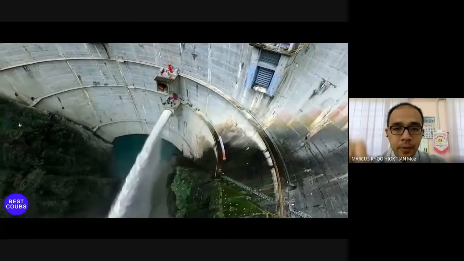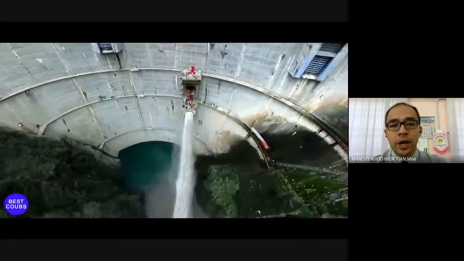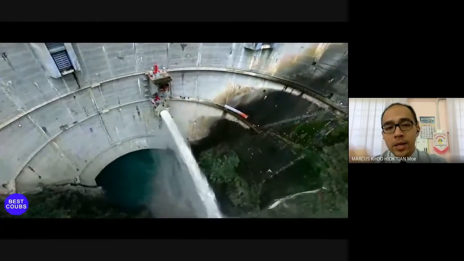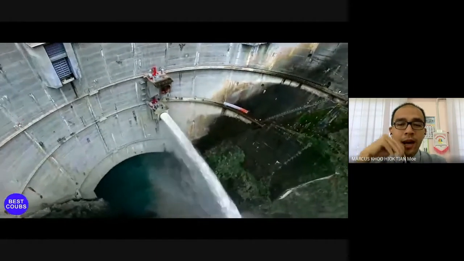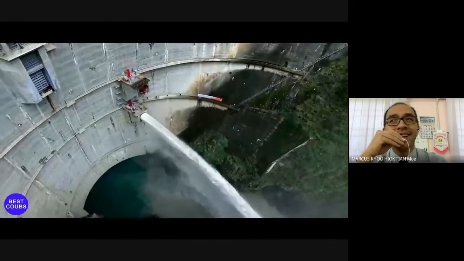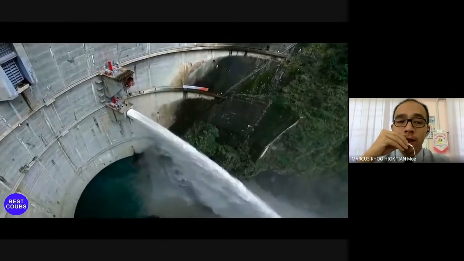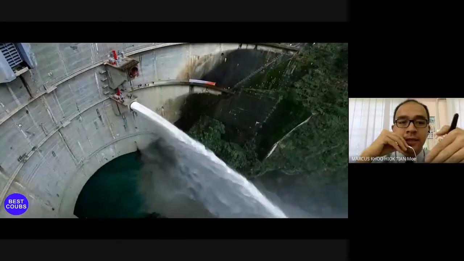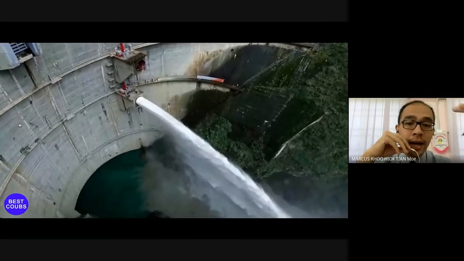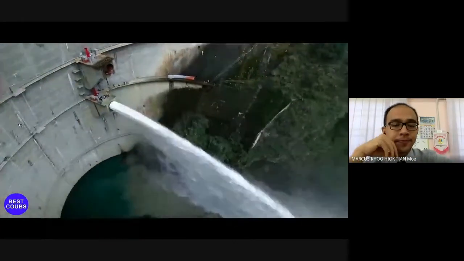But what I want you to notice is that this is a dam. Notice the place where the water is coming out from. The water is coming out very fast, and it's traveling very far.